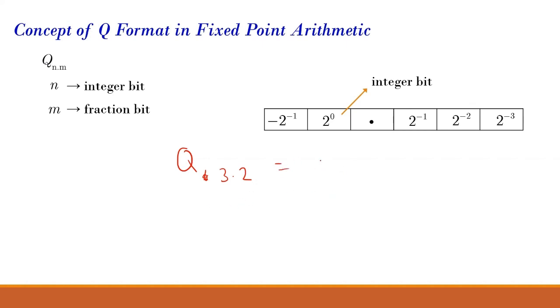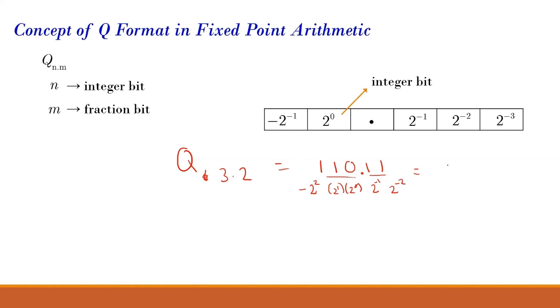Assume we take the number 11011. There will be 3 bits before the dot and 2 after. This will be 2 raised to 0, this will be 2 raised to 1, this will be -2 raised to 2, this will be 2 raised to -1, and this will be 2 raised to -2.